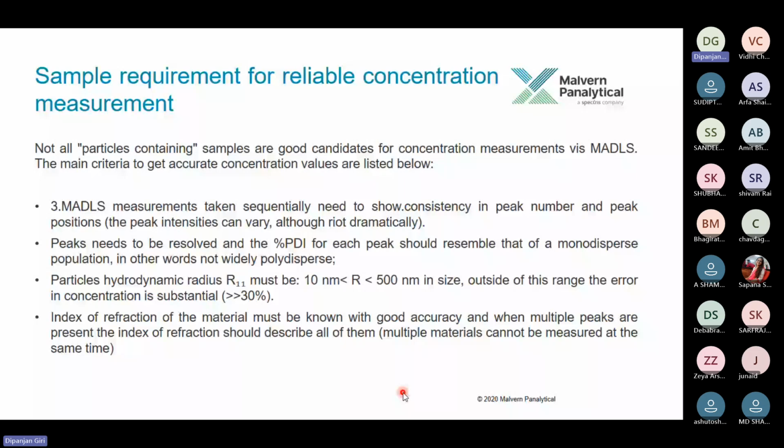Particles with a hydrodynamic radius must be between 10 and 500 nanometers. Outside this range, it is problematic. If the concentration is substantial, you can get error data, and the refractive index of the material must be known with very good accuracy when multiple peaks are present. Then the refractive index should describe all of them, because otherwise you will get wrong information.